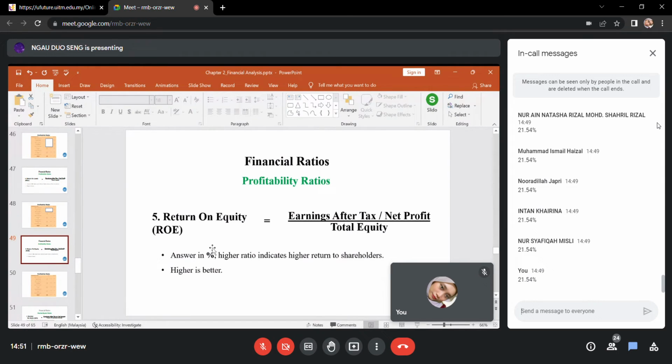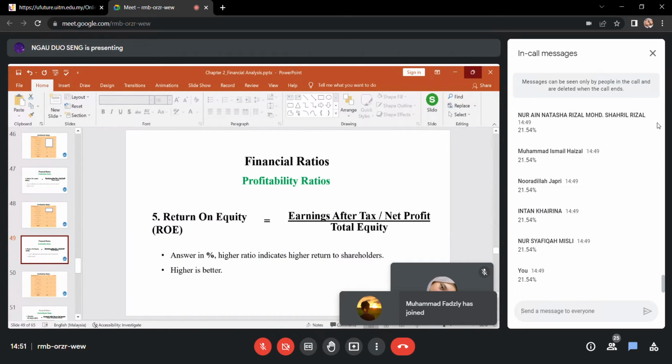So we have the answer in percentage. A higher ratio indicates higher return to shareholders. When we say equity, usually we mean shares or stock, right? So this one is related. So net profit divided by total equity. So if higher, it means shareholders will get more.